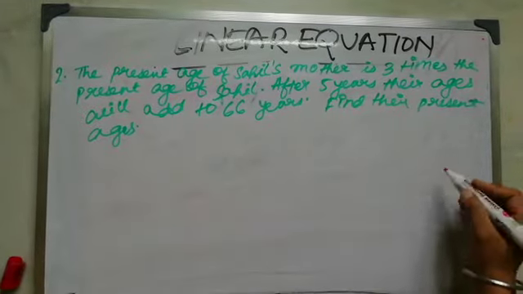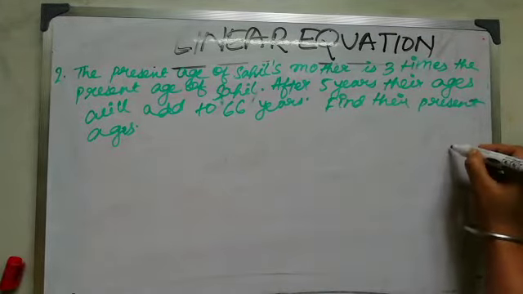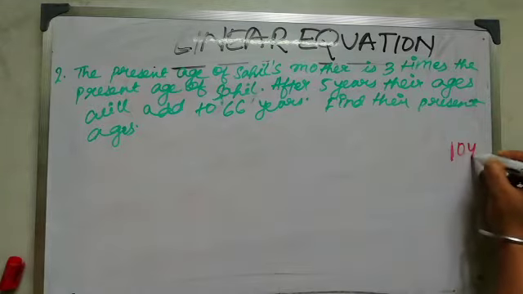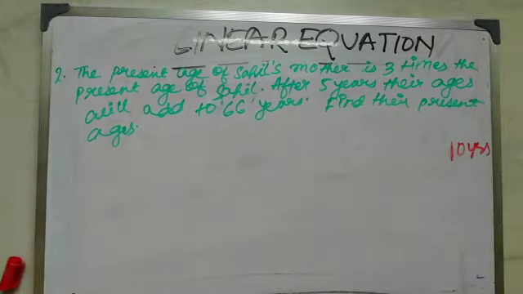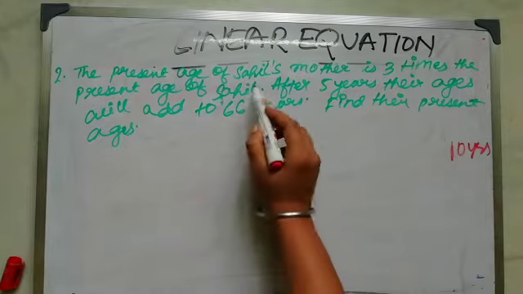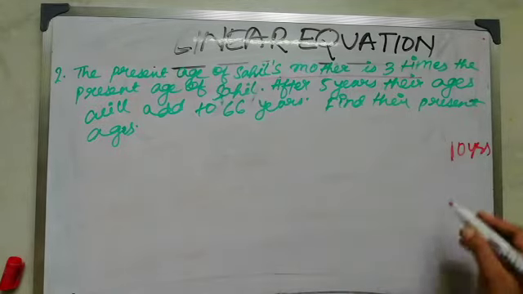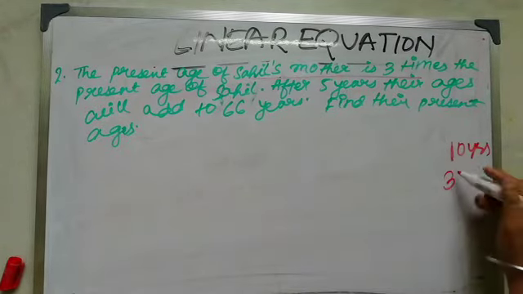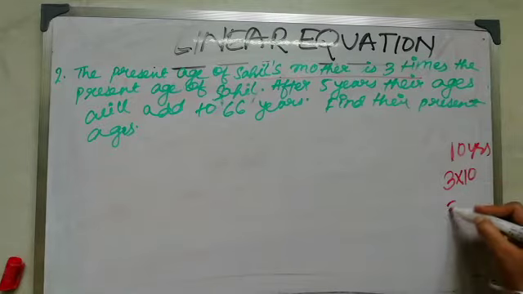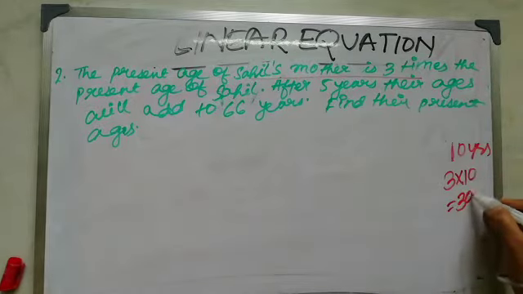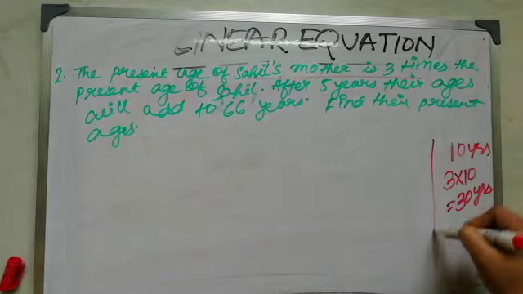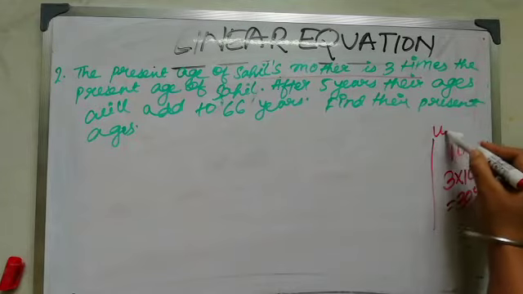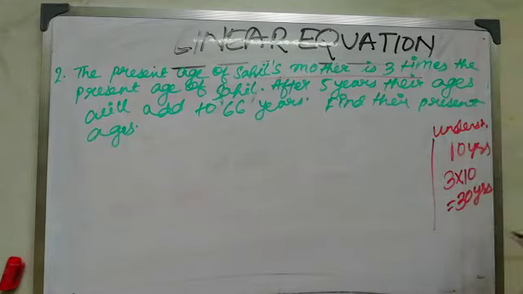So suppose Sahil is 10 years old. If Sahil is 10 years old right now, then his mother's age will be 3 times, so 3 times Sahil's age, which is 3 into 10, 30 years, right? This is only for understanding, students, fine.